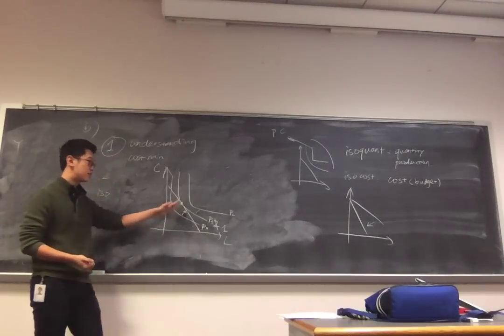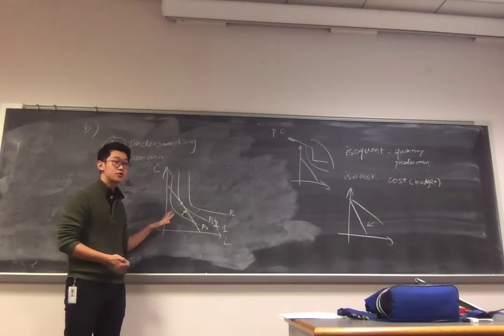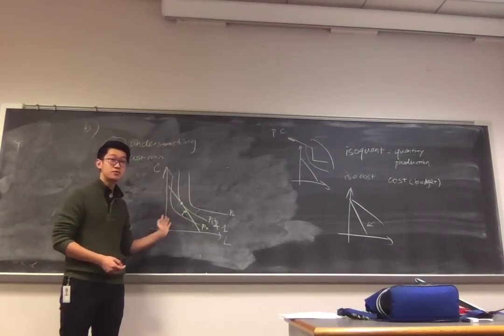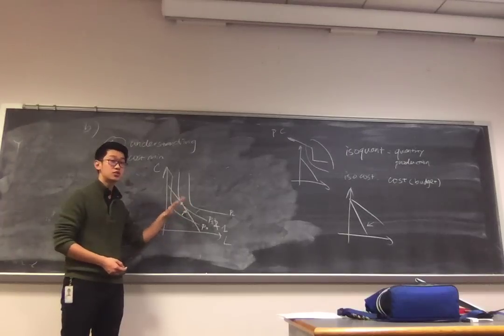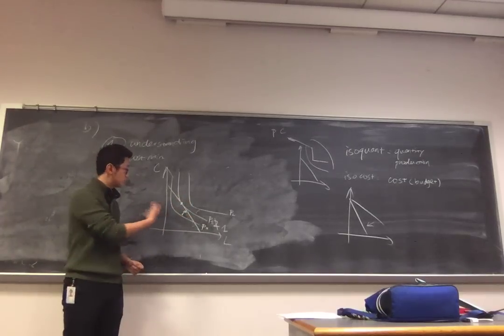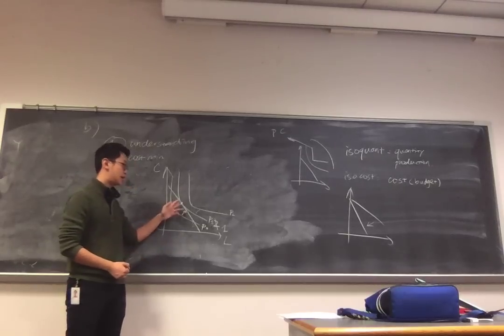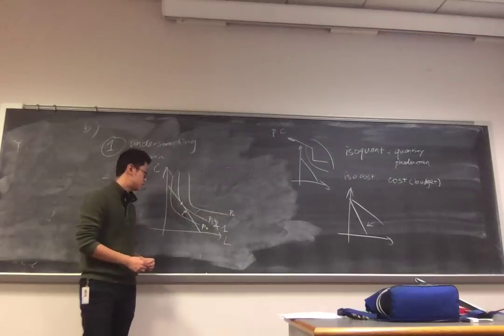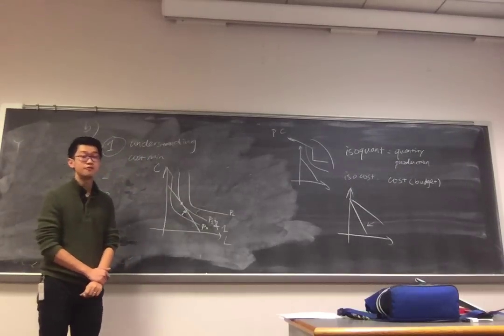And why is that? If you show it on the graph, it's because all the isoquant curves are moving outward, away from the origin. So the new maximized point will be producing fewer flights.